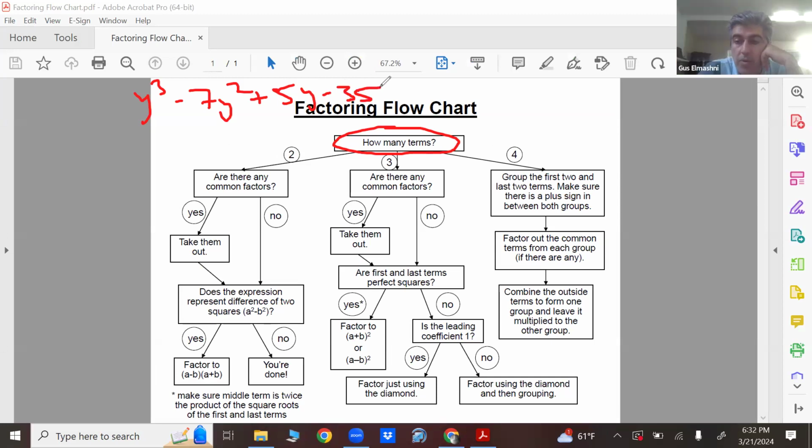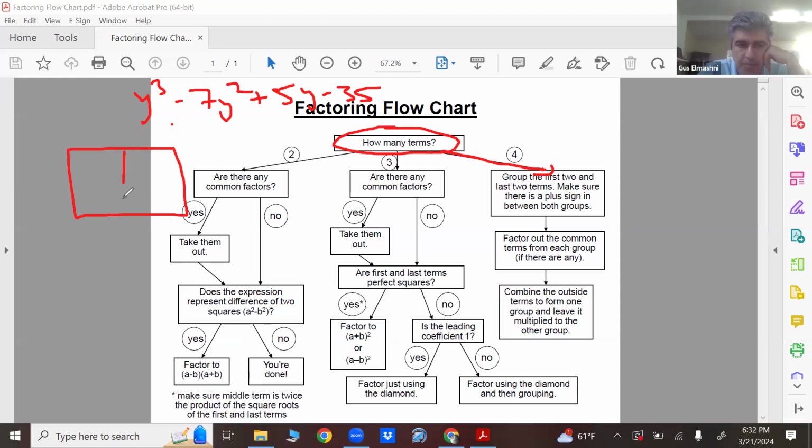Okay, so you look at the first question. What are you going to say? Well, for the first question, how many terms? 4. Good. Then you're told to group the first two and group the last 2 terms. So actually, what you could do is you just make a box instead, because it seems like we're pretty comfortable doing that now.